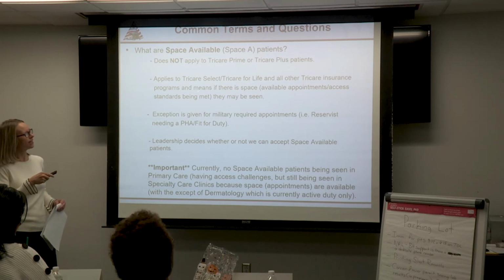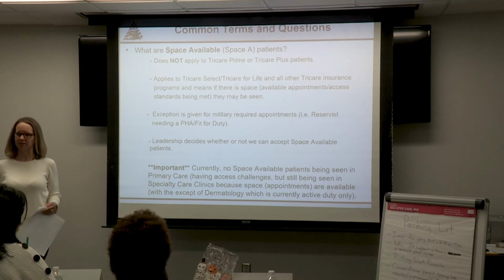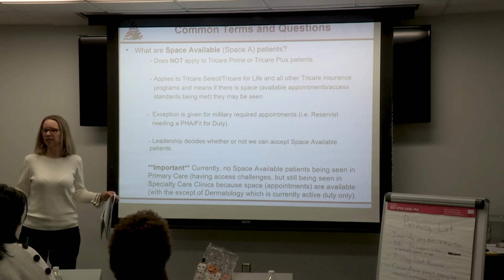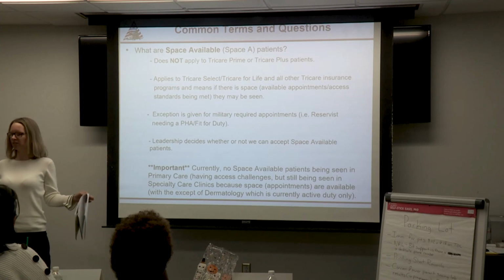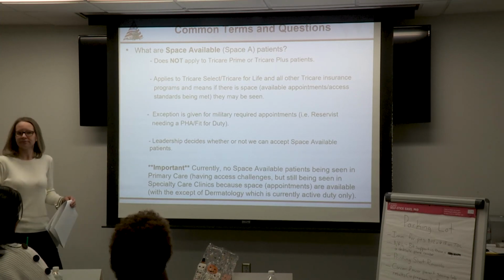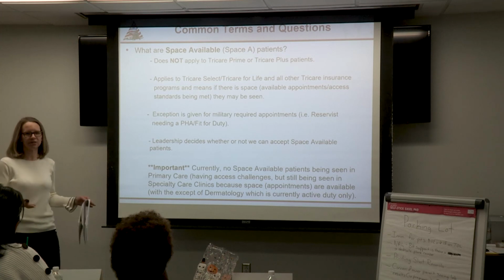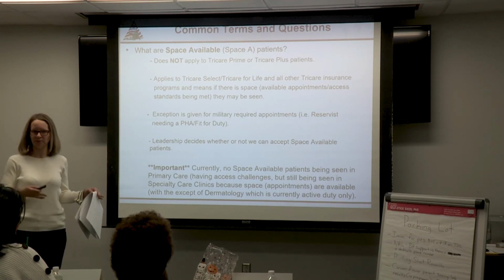Well, these patients are considered Space A patients, or space available patients. If we have availability or extra supply in appointments, we can accommodate extra patients, ones that we're not required to see, ones that are not enrolled to us. However, if we get in a situation where we don't have enough supply, then we can't continue to see those patients, because maybe we're struggling to see even our enrolled patients, right?